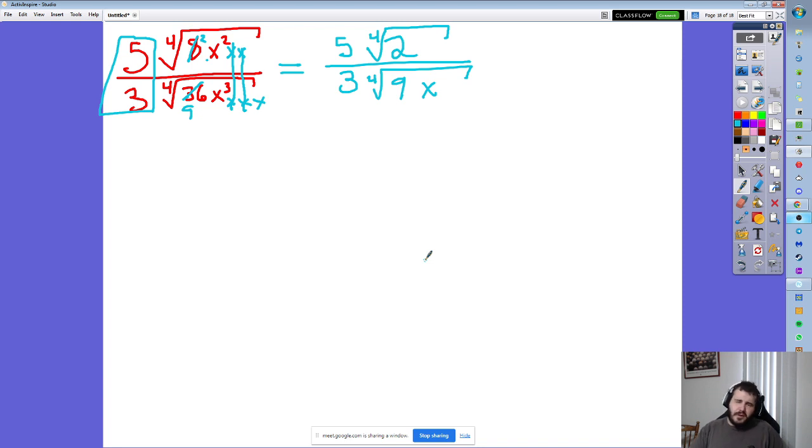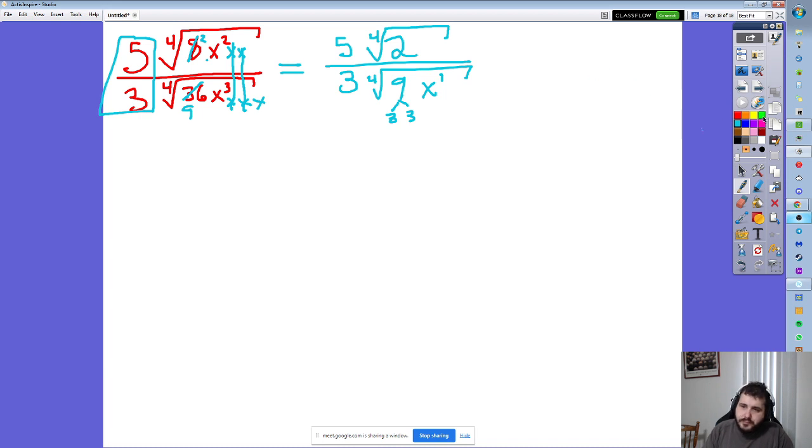All right, now what's going to be really helpful is if we break this down, because we need to rationalize this denominator. We're not allowed to have a radical in the bottom. So on the inside here, let's break down everything. We got an x, that's x to the 1, and we got a 9, which breaks down to 3 and 3, right?